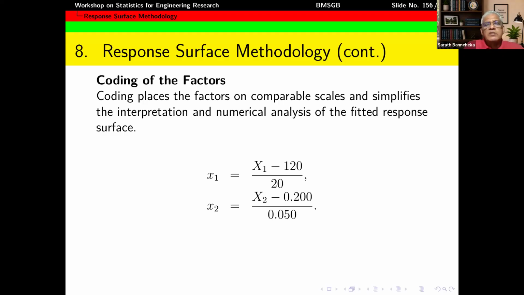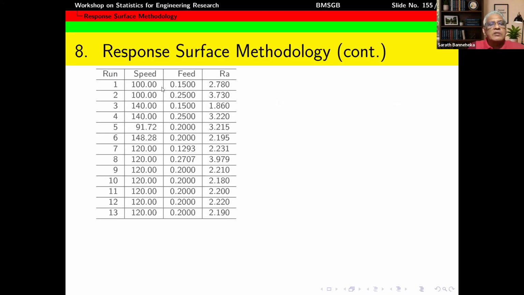Coding places the factors on comparable scales. That is the main reason for coding, because, for example, here the speeds are in hundreds and feeds are in decimals. So those values are not comparable.